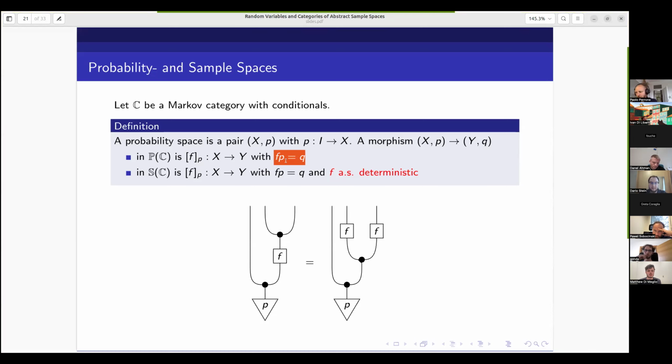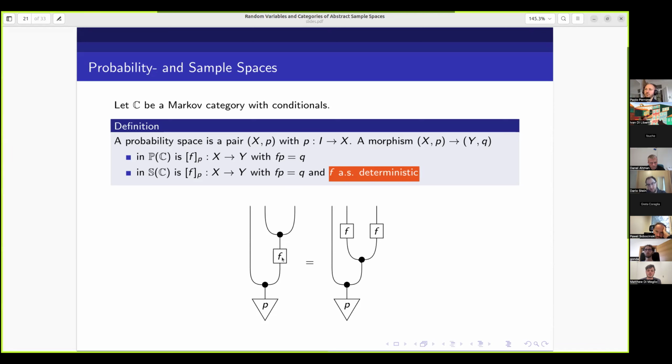But remember that the morphisms in a Markov category do not need to be deterministic. So here, those maps are per se not deterministic. We can take the subcategory of things that are deterministic, or to say this formally, we need to say that F is P-almost-surely deterministic, which is the equation at the bottom.